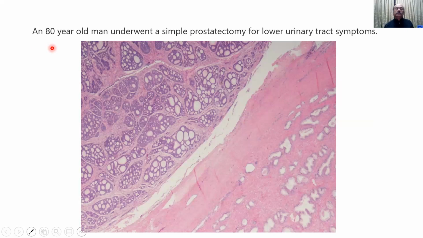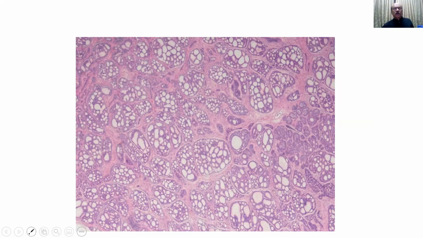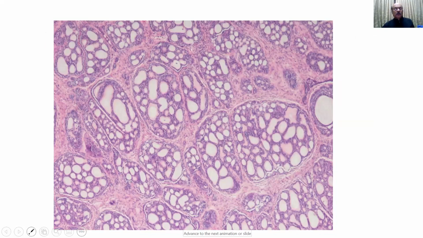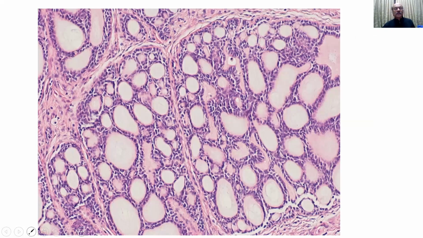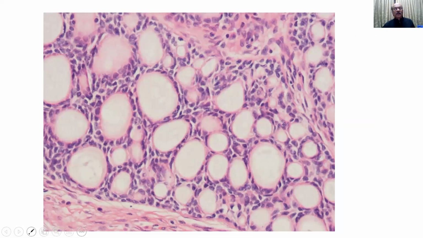This is an 80-year-old man who underwent a simple prostatectomy for lower urinary tract symptoms. High power. So it looks like adenoid cystic carcinoma of the salivary gland.